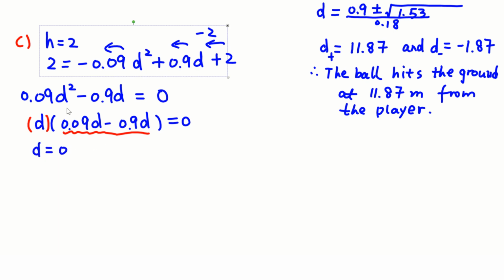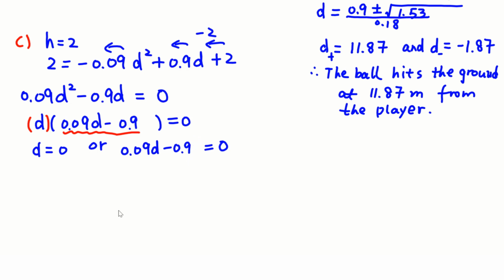So when d equals 0, times another bracket gives you 0, or the other bracket equals 0. Sorry, we take the d out, then this one will be 0.9.